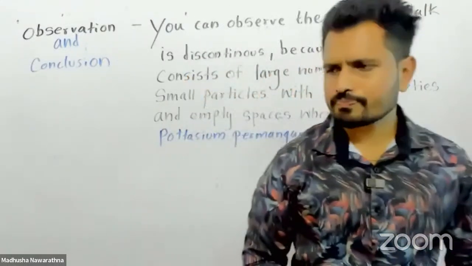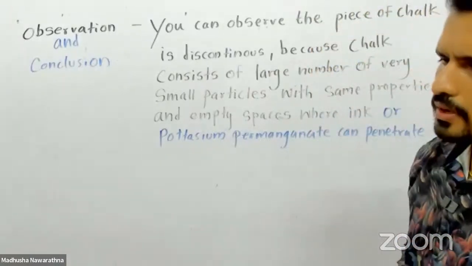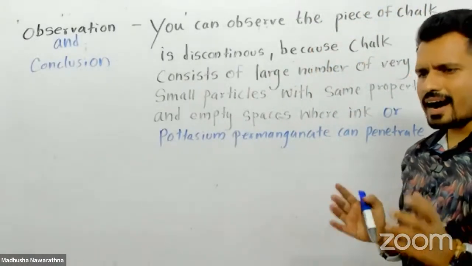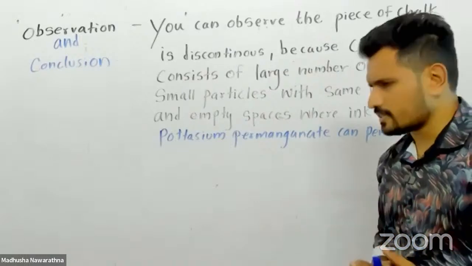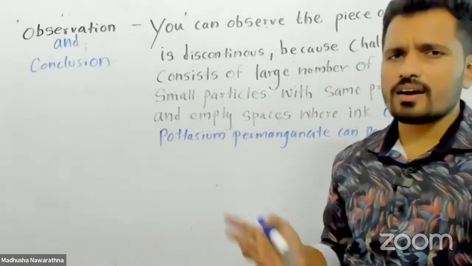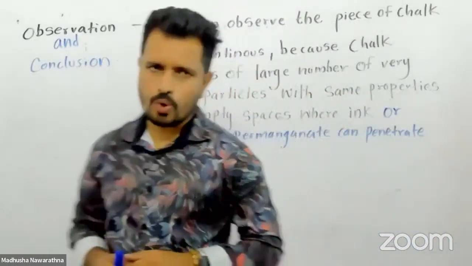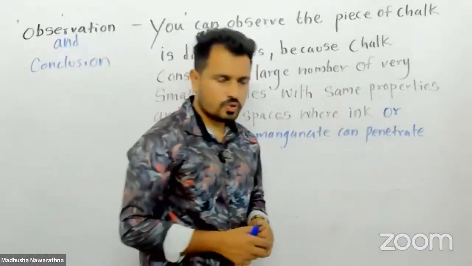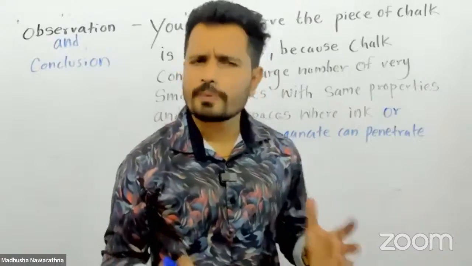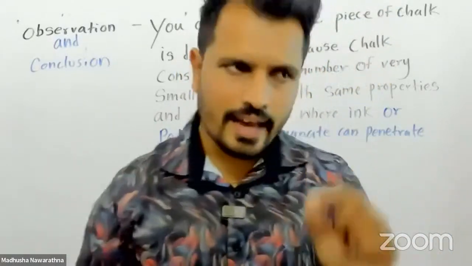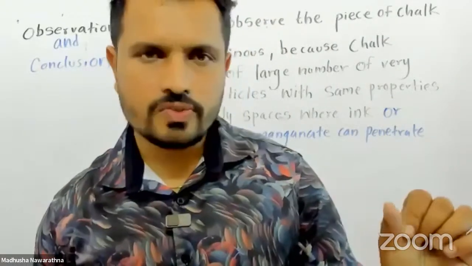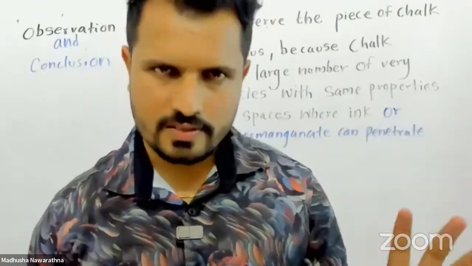So because chalk consists of a large number of very small particles. Particles ගොඩාක් තියෙනවා. හැබැයි හරිම චූටි particles. Very small particles. And those are with same properties. එකම properties තියෙන්නේ. දැන් chalk කෑල්ලකින් කෑල්ලක් කඩාගත්තා කියලා ඒකේ properties වෙනස් වෙන්නේ නැහැනේ. Almost same properties, right?